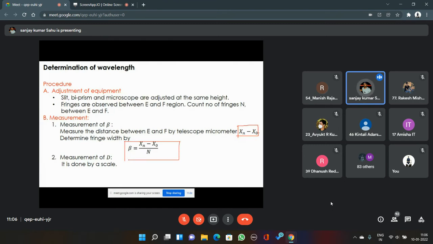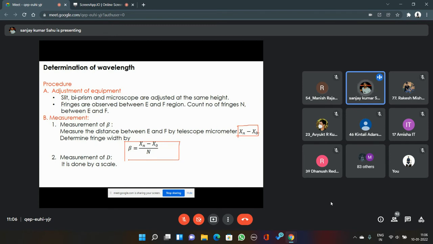So like this you can find the fringe width: measure the total number of fringes generated over a certain distance xn to x0, then divide that distance xn minus x0 by the total number of fringes. That gives you the width of a single fringe, the value of beta.